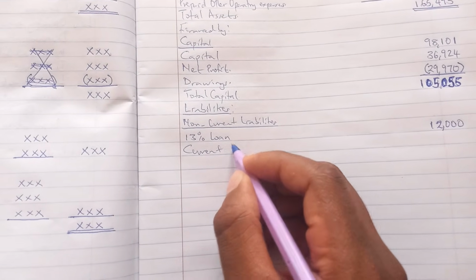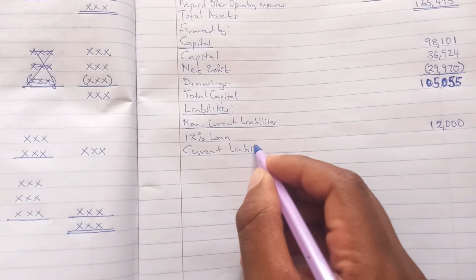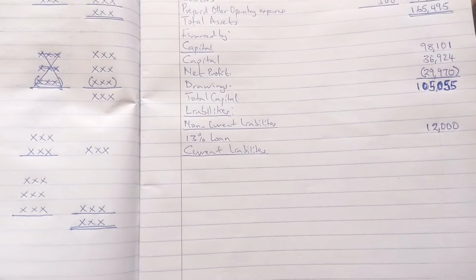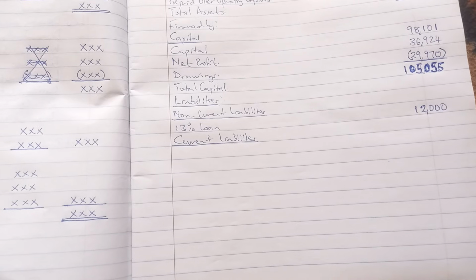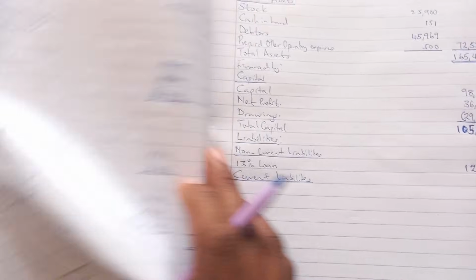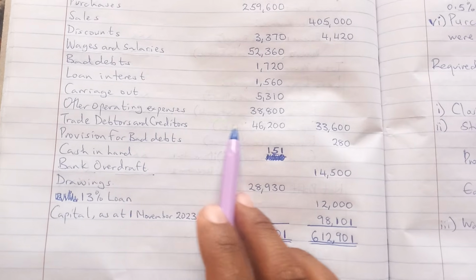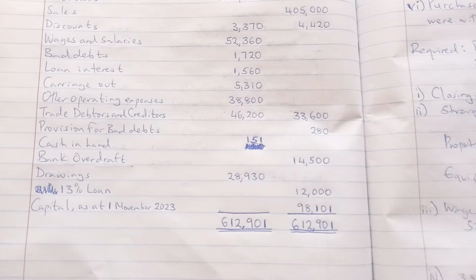Then current liabilities. So under our current liabilities, we have creditors, and creditors are 33,600.